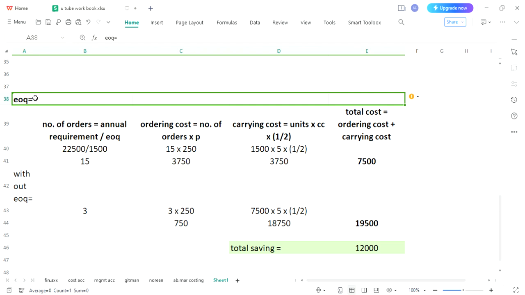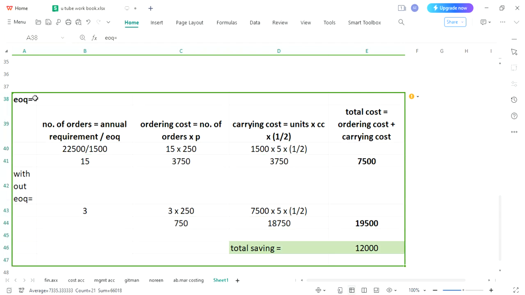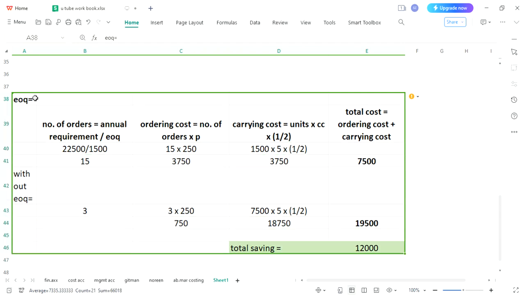I am highlighting it. This was so important to understand that economic order quantity is the best way to put your order. You will not be confused when you will be doing your business. You will not be confused if you are managing your purchase operations. If you will follow economic order quantity, you will not even use your brain.